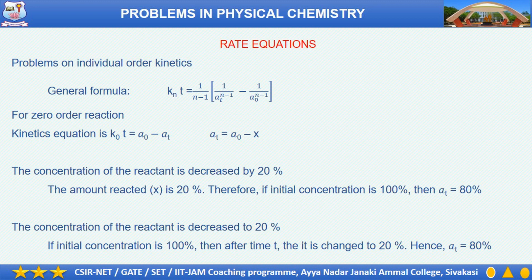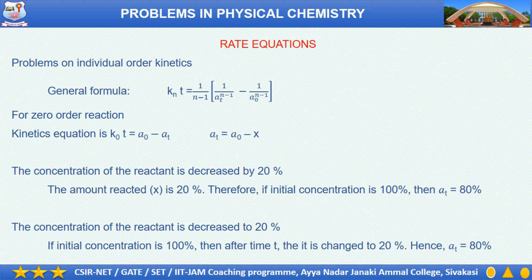Do these two have the same meaning? They have different meanings. Now let us assume the initial concentration is 100. After the time t, the concentration is decreased by 20%. That means the amount reacted is 20%. Therefore, At is equal to 80%.